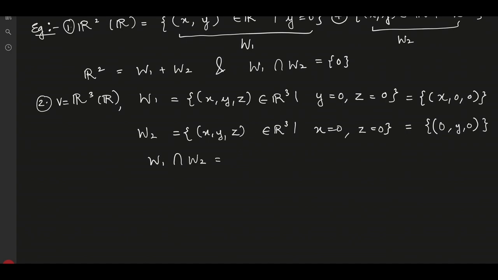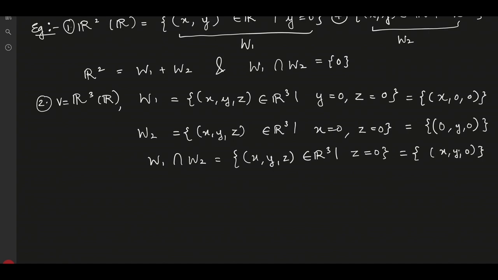In the intersection, I need to take the common conditions. So I will take the condition as z equal to 0 only. But in the previous case, we have not taken like this.